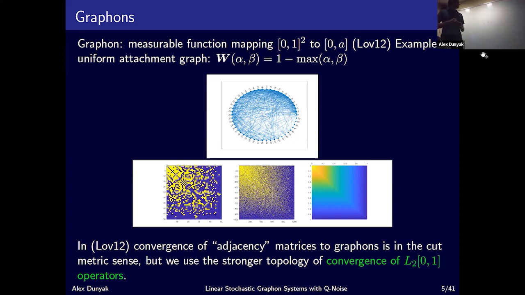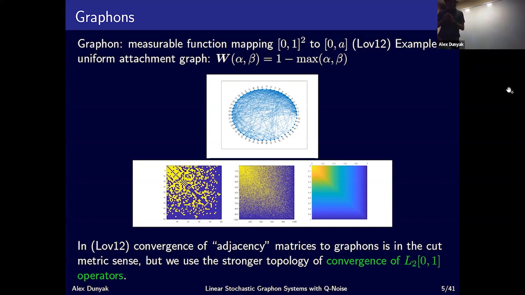As you can see through the image, there are a lot of isolated points. But when you take the graphon limit, you can actually approximate the limit of the adjacency matrix with this smooth graphon. In this case, it's just the function of alpha and beta, 1 minus the max of alpha and beta.